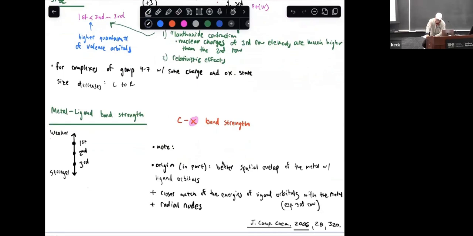Let's talk about metal ligand bond strength. This is going to be the heart of all of these catalytic reactions that we're going to cover. And we had a primer for this in one of the first lectures, which is that for metal ligand bond strength in general, they're weaker interactions with first row metals and stronger interactions with third row metals.